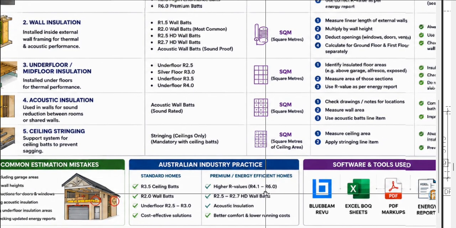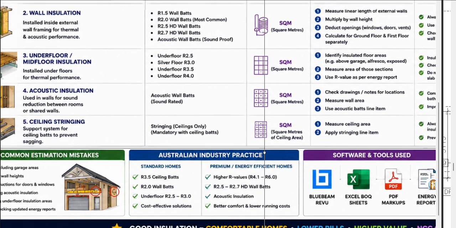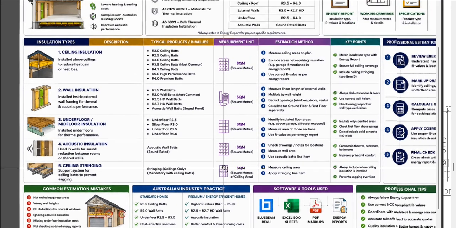For standard homes, we have premium energy efficiency homes. We have different types, like 6-star energy or 7-star energy according to Australian standards. It depends on how much energy efficiency, the U-value, has been provided to your home.